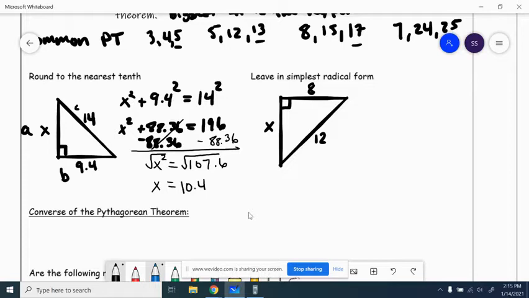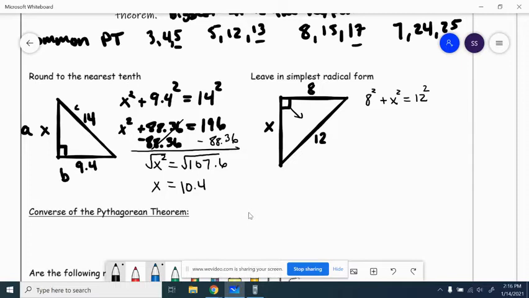For the second, we're going to leave it in simplest radical form. So again, the a and the b doesn't matter. Maybe I'll make the number the a this time. So I'll do 8 squared plus x squared is equal to 12 squared. Because remember, the hypotenuse is across from the right angle, so that leg needs to be the hypotenuse.